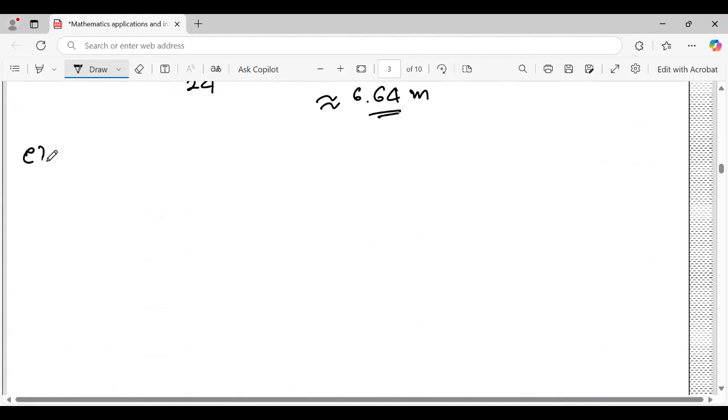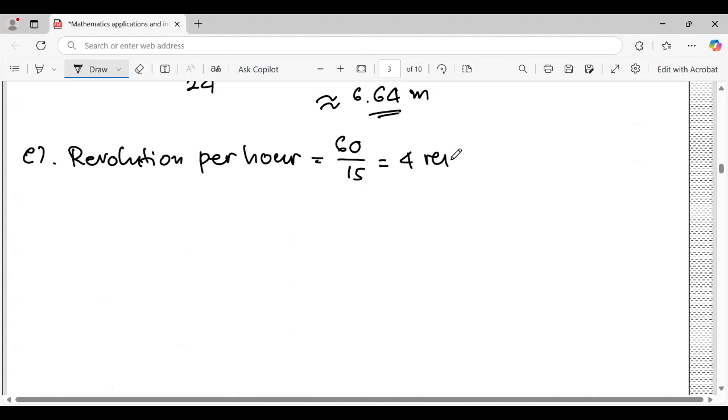As the information says, the Ferris wheel takes 15 minutes for one full revolution. So revolutions per hour, we need to determine first. Revolutions per hour equals 60 over 15, and it is 4 revolutions per hour.